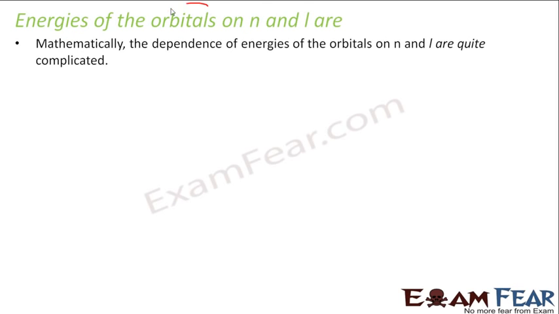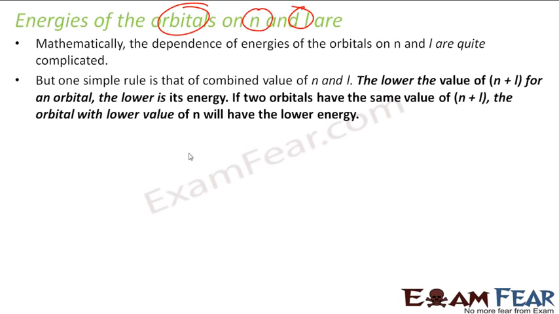So thus we have seen the energy of orbitals depends on n and l. And it was very complicated, right? Just now we have seen it depends on n and the shape of orbitals. So to make our life simple, we just have a thumb rule: the lower the value of n plus l, the lower is the energy. If two orbitals have the same value of n plus l, the one with the lower value of n will have lower energy.